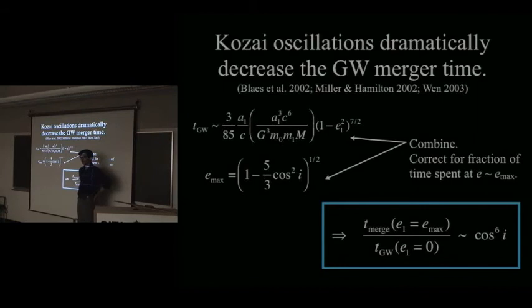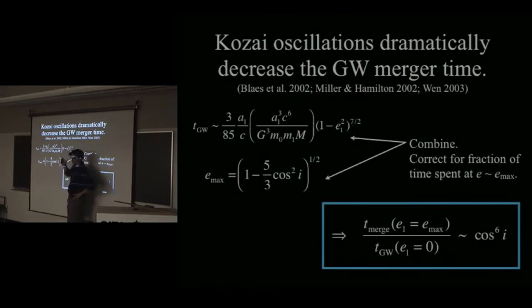So it depends very strongly on the semi-major axis, but also very strongly on e1, the eccentricity. Well, if the Kozai oscillations are going to periodically push you to a maximum eccentricity that's 1 minus cosine of the inclination squared, then you could just substitute this into that.